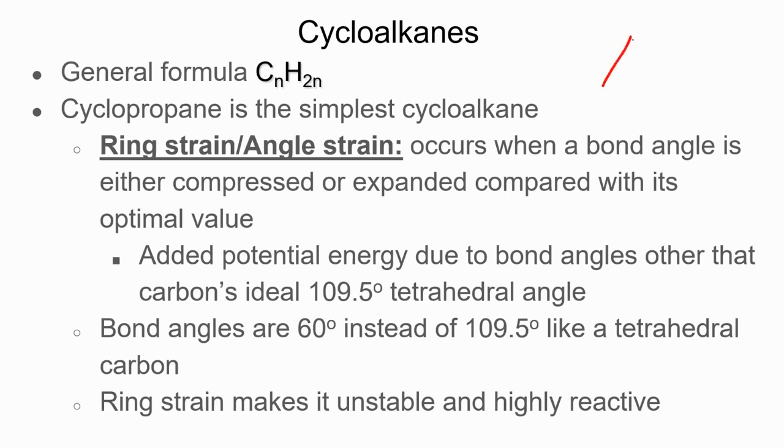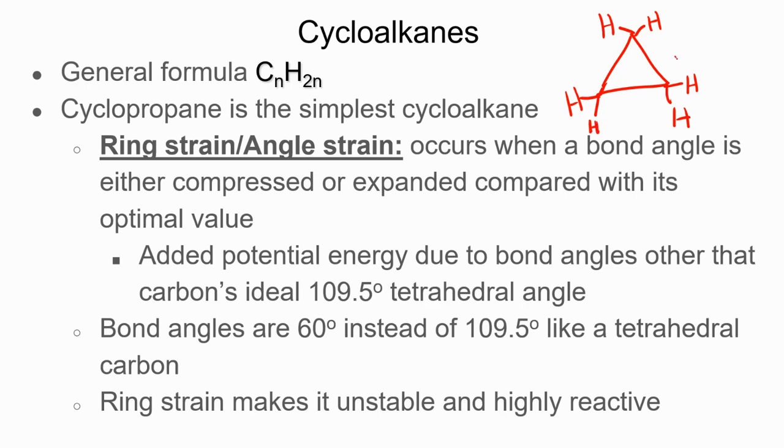Cyclopropane actually looks like a triangle, where every point, of course, represents a carbon atom. And each of these carbon atoms is going to have 2 hydrogen atoms connected to it. So there's your CnH2n. Well, n is just 3 in the case of cyclopropane.